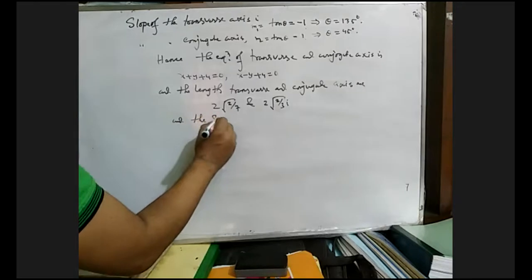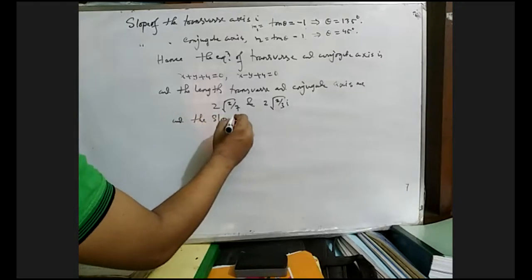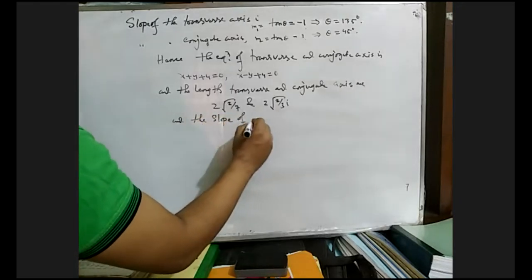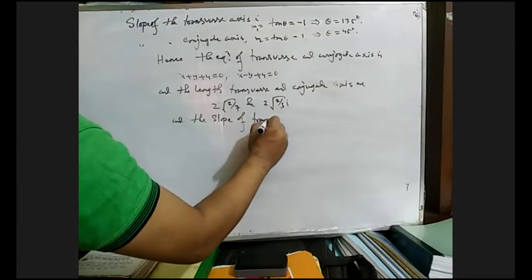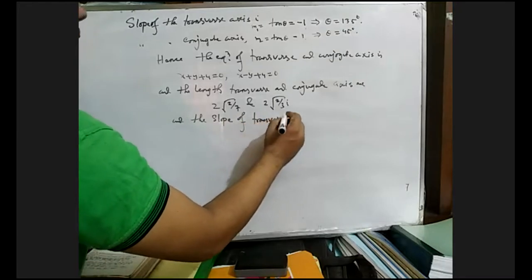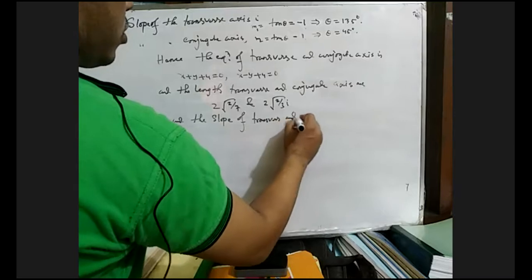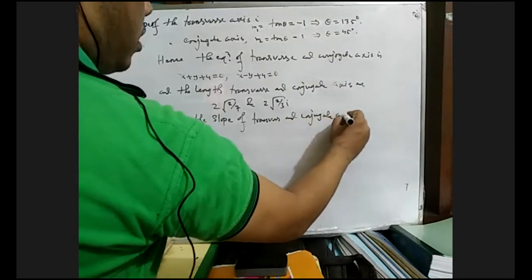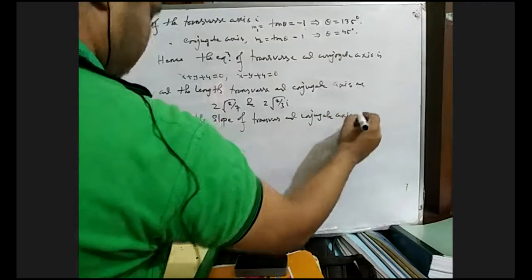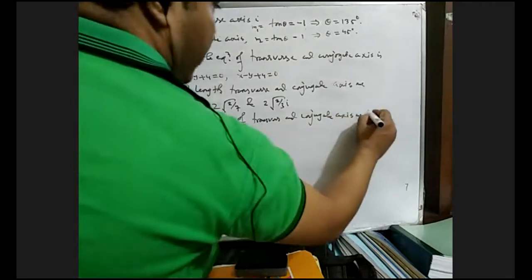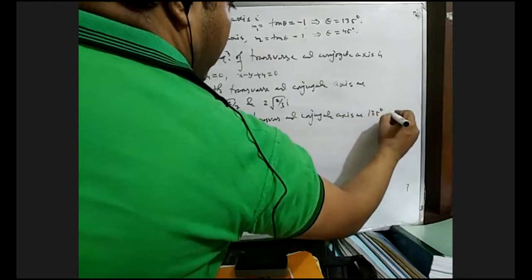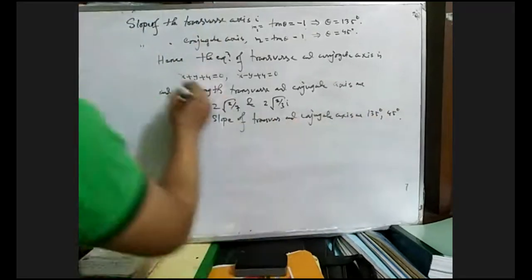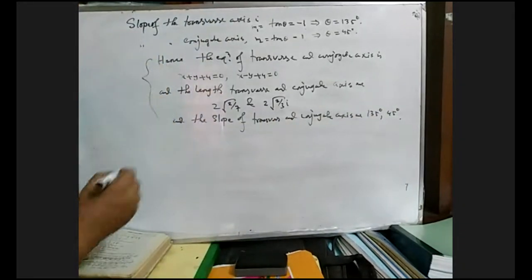And the slopes of the transverse and conjugate axis are 135 degrees and 45 degrees. So these three are our requirements from the given condition.